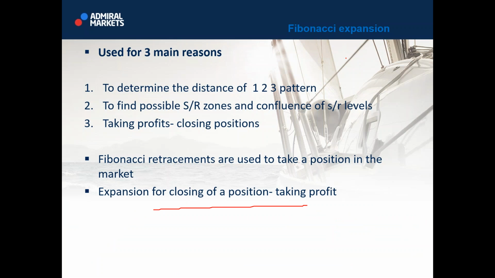Fibonacci expansions are used for 3 main reasons: to determine the distance of the 1, 2, 3 pattern, to find possible support resistance zones and confluence, and to take profits. This is the rule. Fibonacci retracements are used to take a position in the market. Expansion is for closing a position or taking profit.